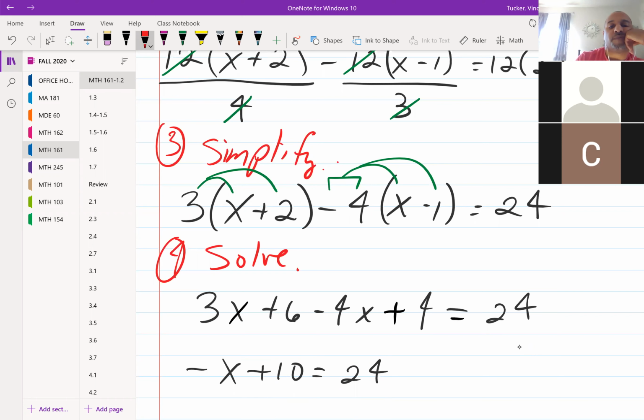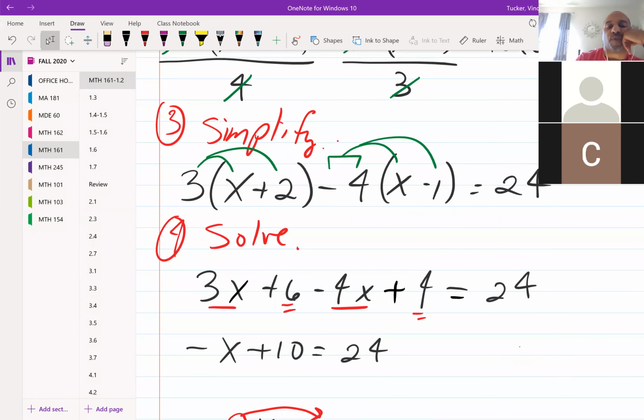Combine your like terms. It's 3x minus 4x, positive 6, and a positive 4. So 3x minus 4x is negative x. 6 plus 4 is 10, and that's equal to 24.